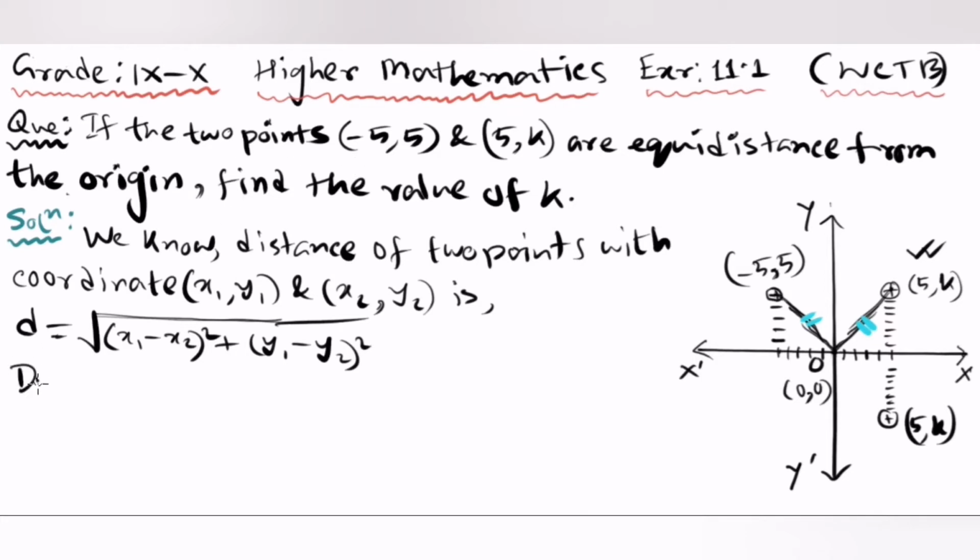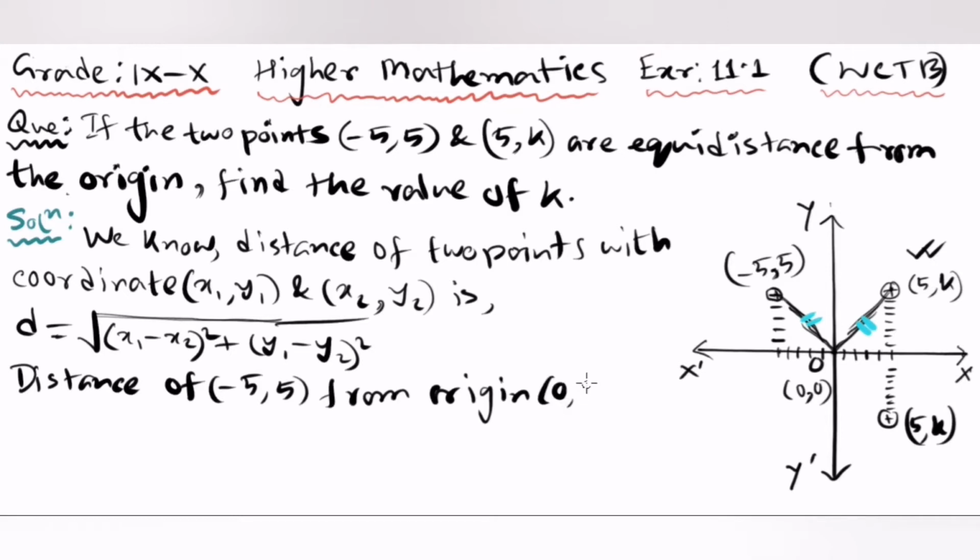So I am going to determine now the distance of the first point, minus 5 comma 5, from origin. As every one of us knows, the coordinate of origin is 0 comma 0. So what is going to be the distance? I am considering minus 5 as x1, positive 5 as y1, and this 0 as x2 and y2.